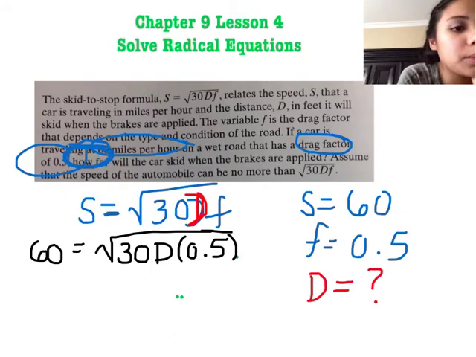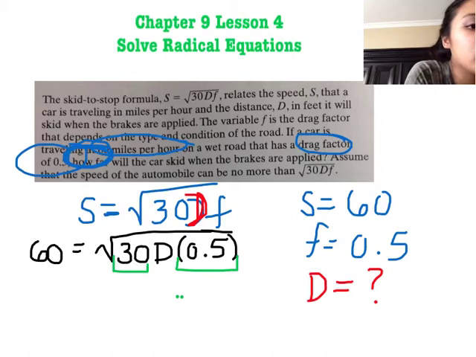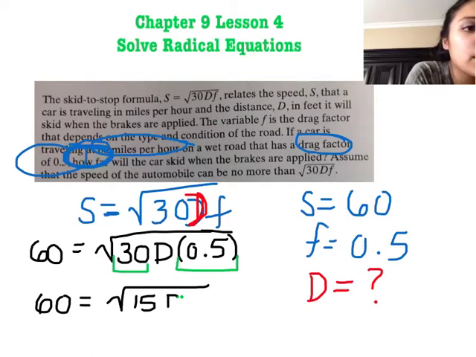So I can multiply inside my radical. I have 30 times 5/10, which is 30 times a half. So that means that 60 equals, what's half of 30? You should have said 15. 15D. So now I have to solve for D.